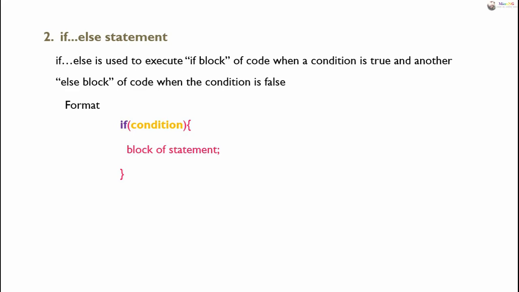If the condition evaluates to false, it goes to the else block and executes the statement block which is part of else. So here there are two blocks of statement, the block of statement which is part of if and block of statement which is part of else. If statement block will get executed if the condition evaluates to true, and else block of statement will get executed if the condition evaluates to false.